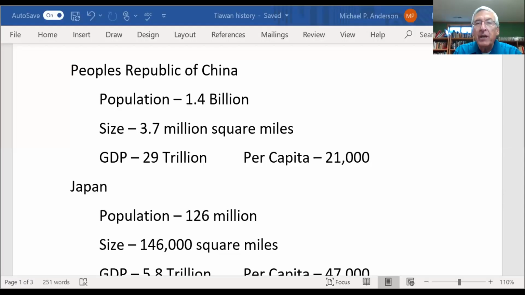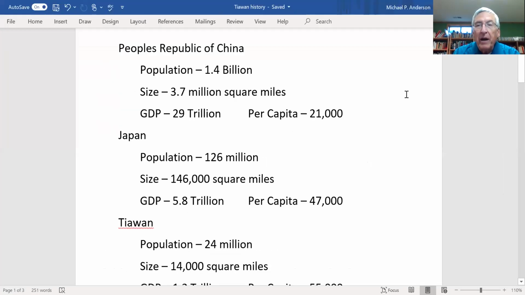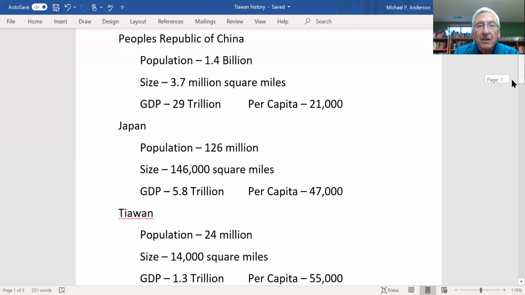Okay, I want you to take a look at the three countries contrasted by population, size, gross domestic product, and gross domestic product per capita. Gross domestic product is the total sum of all goods and services created in a country.